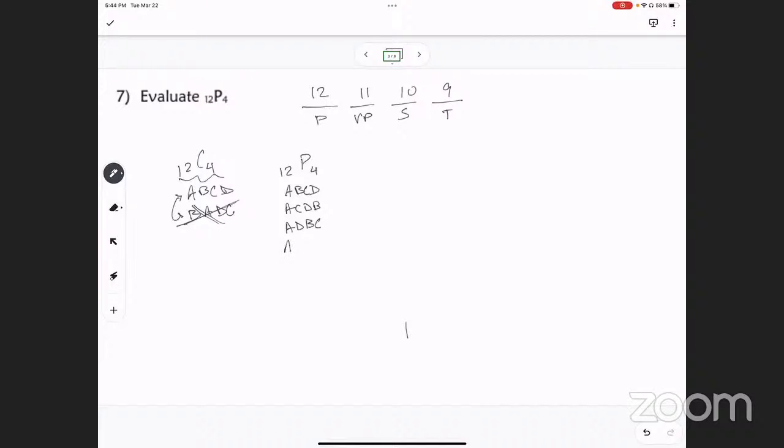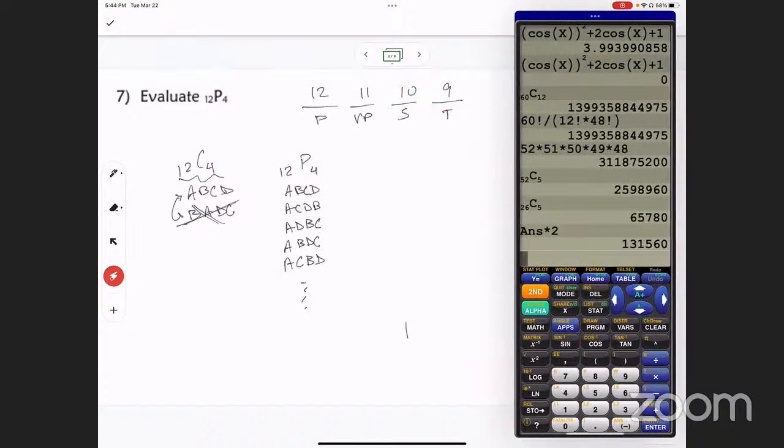Right, and then A, B, D, C is even different, and then A, C, B, D is different. Like you can keep going like that. There's a lot more for permutation. So for this one, if you choose your president first, then you have 11 people left to choose your vice president, and then 10 people left to choose your secretary, and 9.